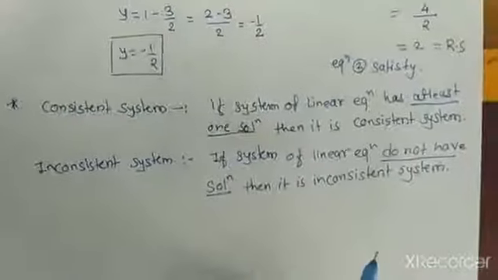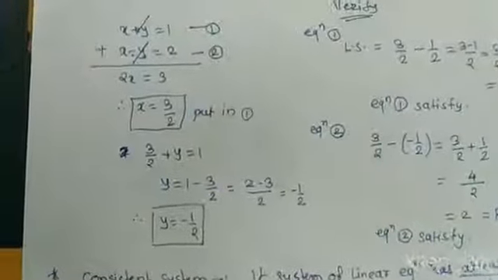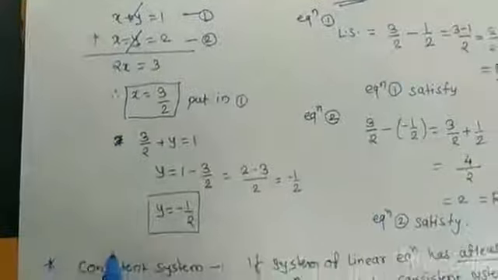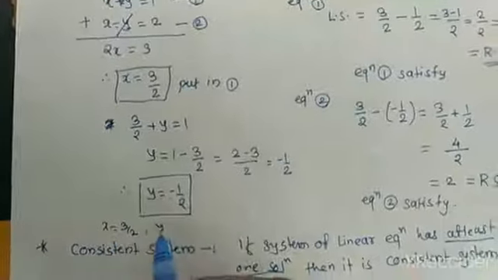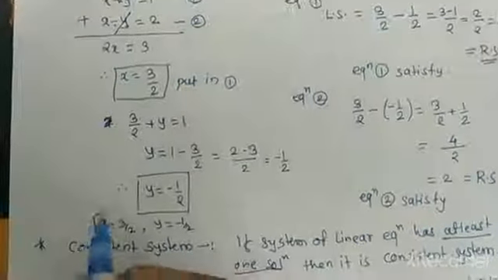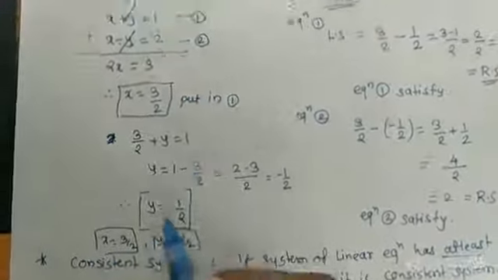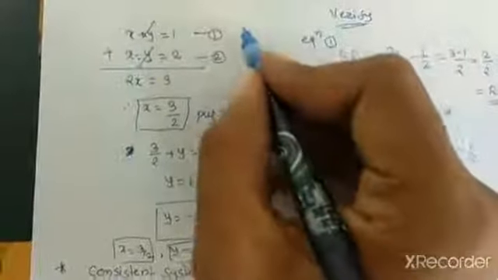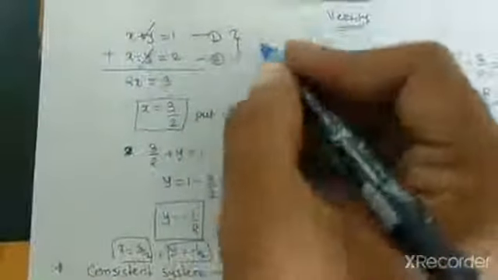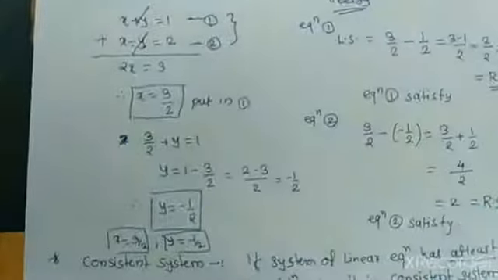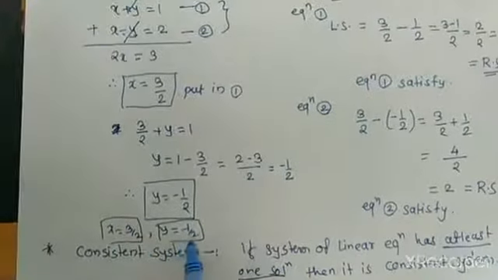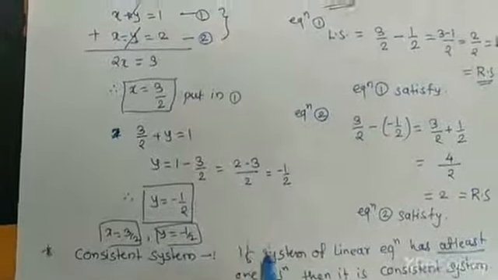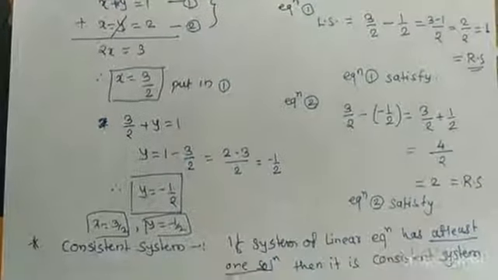Okay, now consider the above example. In this we have a solution, x is equal to 3/2 and y is equal to -1/2. Only one solution for this system, x plus y is equal to 1 and x minus y is equal to 2. Only this possibility is possible, no other possibility will be there.